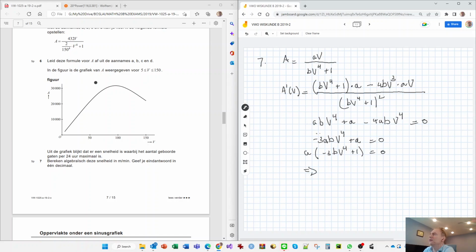Oh, actually, I come to think of it, b is also positive, so this denominator here can never be 0, so I don't need to worry about that. Alright, so let's just say then that this means 3b v to the power 4 has to be equal to 1.